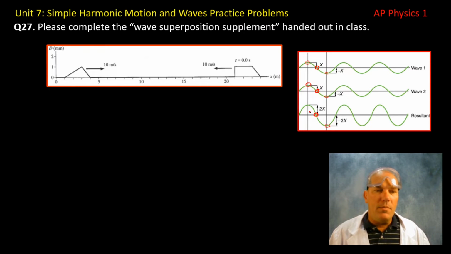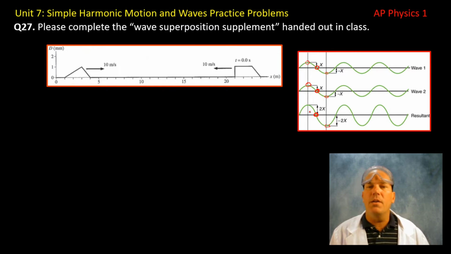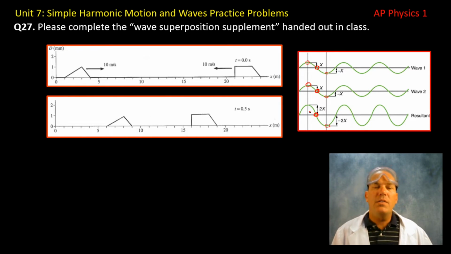So looking at this further, let's see what's going to happen as these move toward one another. We start at time 0, each moving 10 meters per second. So after half a second, they would advance to this location. They're both still moving, one moving right, one moving left, half a second.